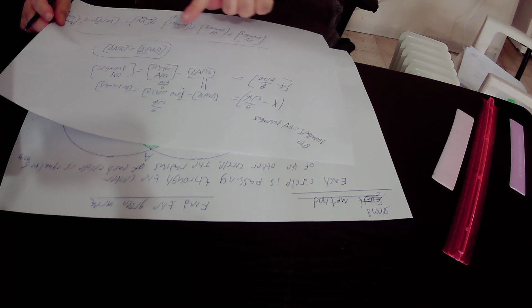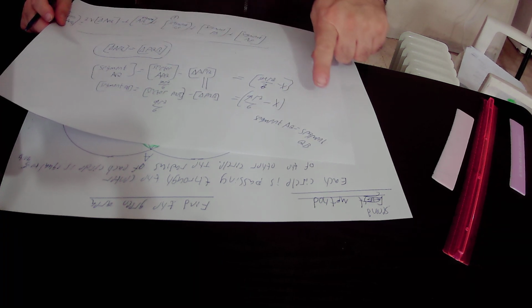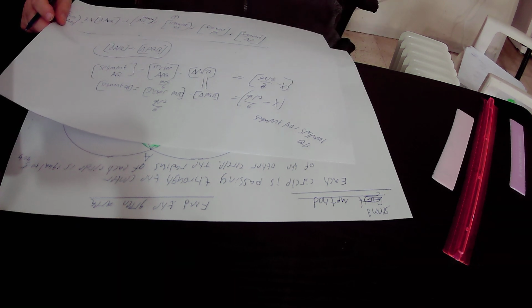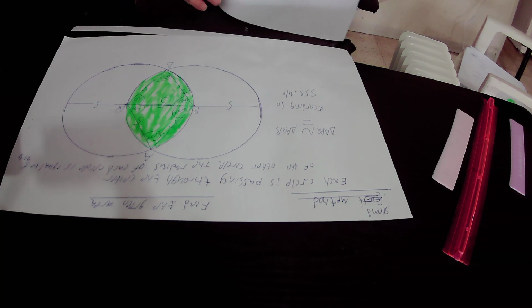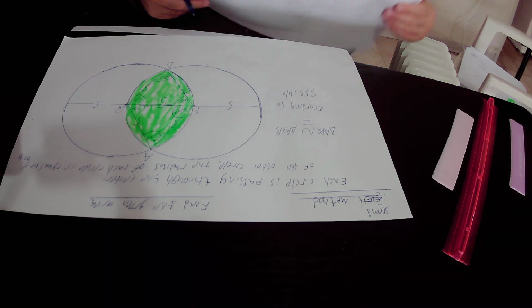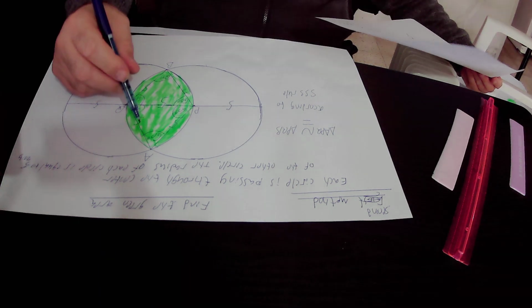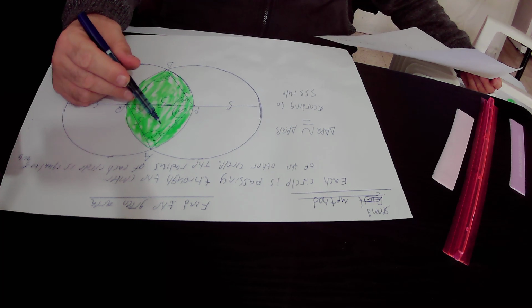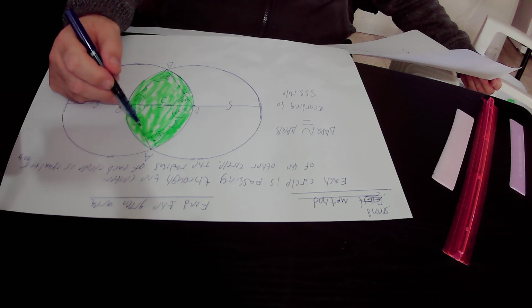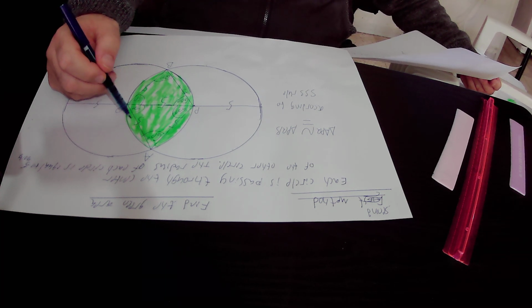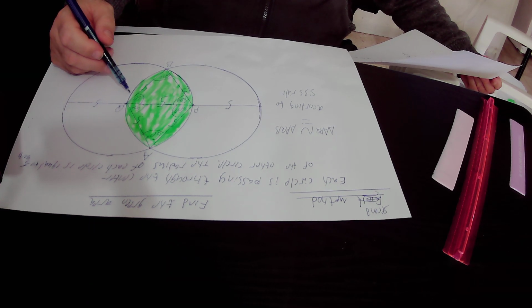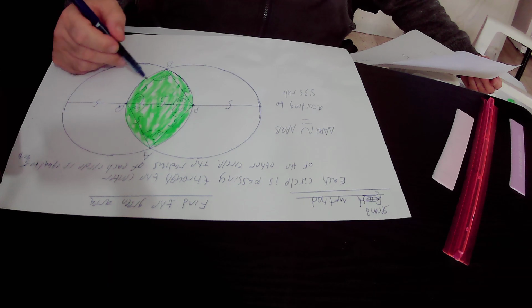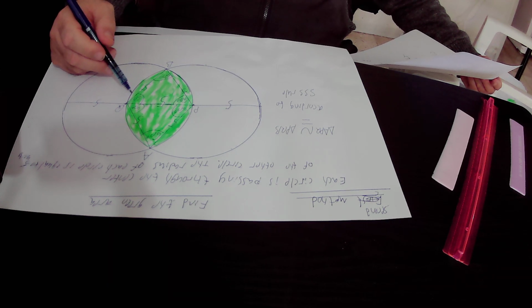Therefore, the area of segment AQ equals the area of segment QB. Okay? So, the area of segment AQ, this area equals the area of segment QB. Okay?